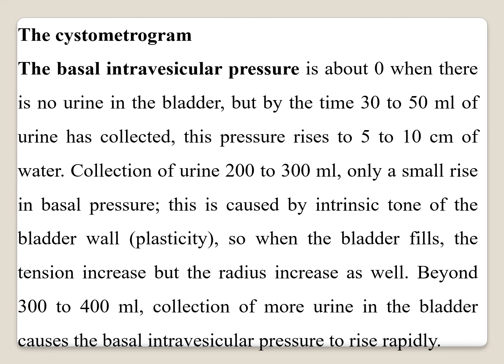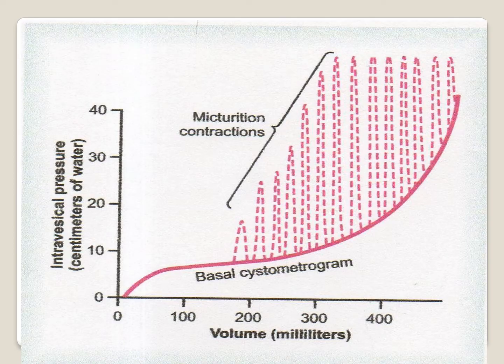Beyond 300 up to 400 milliliters of urine collected in the bladder, the basal intravesicular pressure rises rapidly.